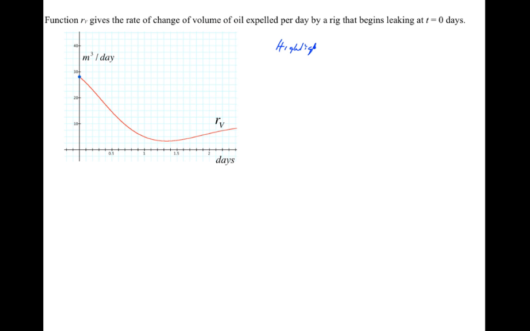I want you to highlight correspondence points for every 0.4 days, starting at 0. And then for each one of those points, I want you to write the correspondence point as exact values or representations of exact values. And then I want you to write approximated amounts.